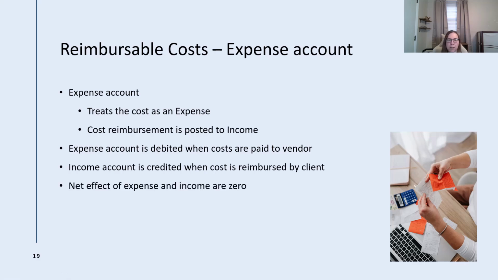But the net effect is going to be zero because the expense of what they pay should be the same as the income that they receive for that cost, unless they mark it up. Let's say it's $200. It would be income of $200 minus the expense of $200. Well, that's a zero effect anyway.